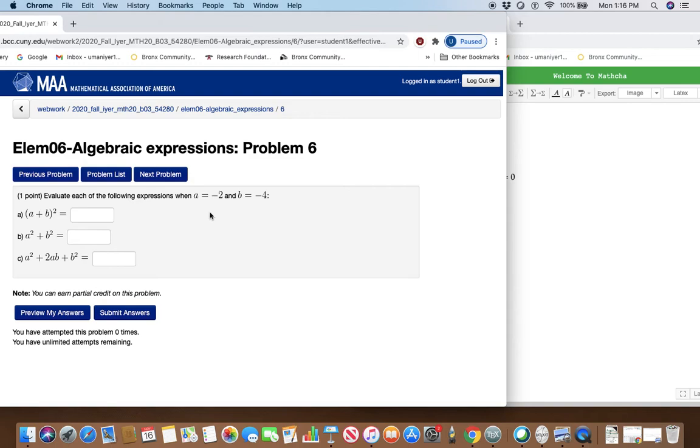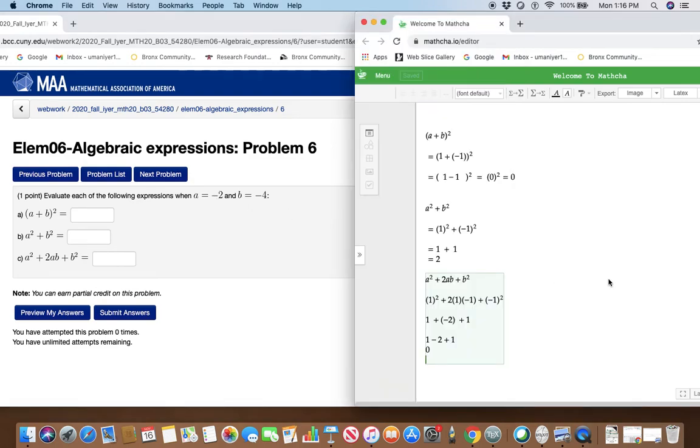Okay, similar question. A is negative 2, b is negative 4. Okay, so wherever you see a variable, replace it with parentheses. A is negative 2. B is negative 4.